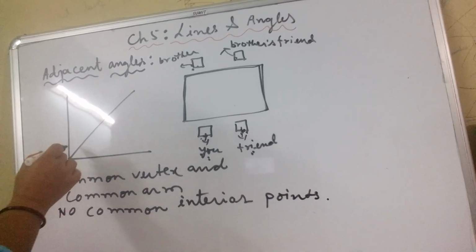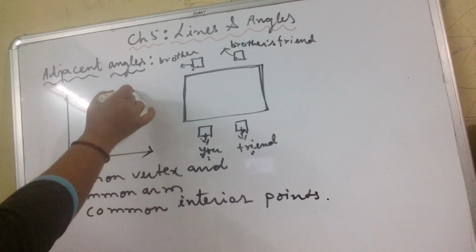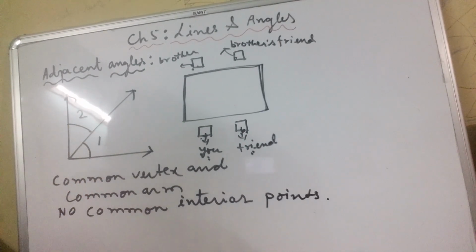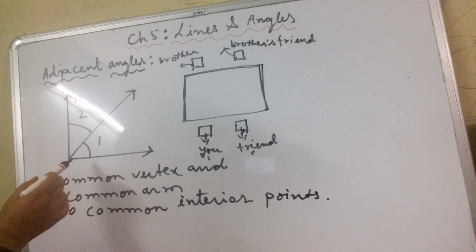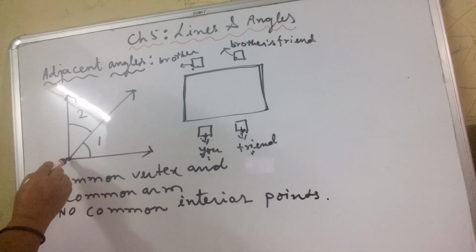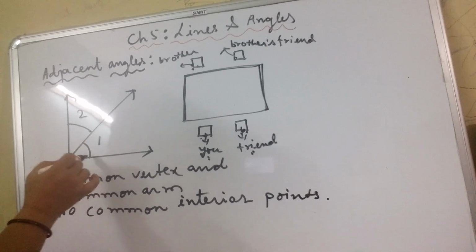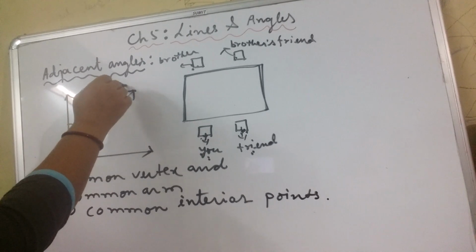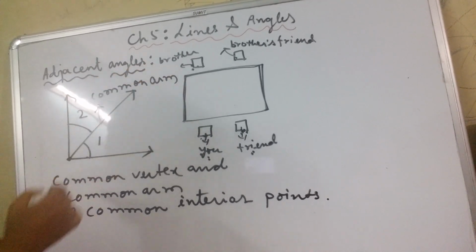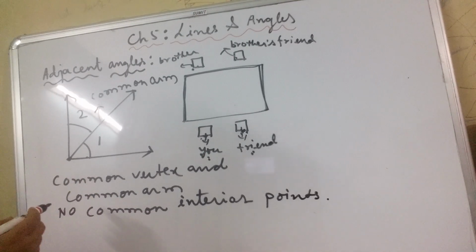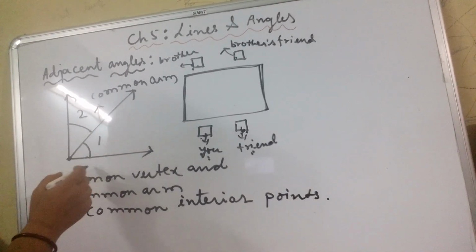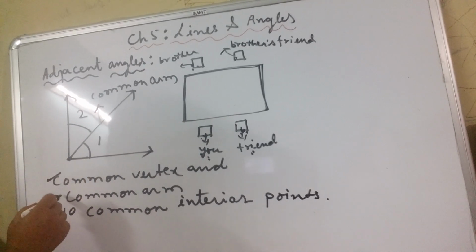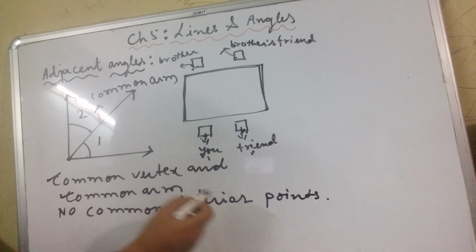Okay, look at this diagram. This is angle 1 and this is angle 2. This vertex is common for angle 1 and angle 2. This side is the common arm. And this is also fulfilled: there are no common interior points.